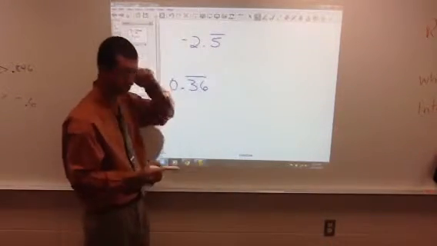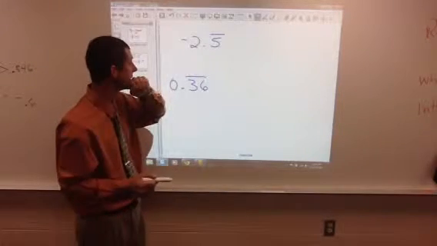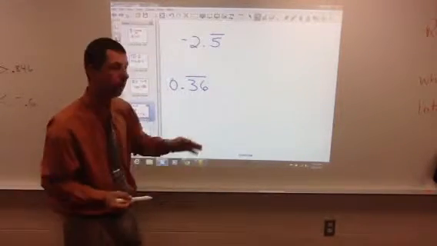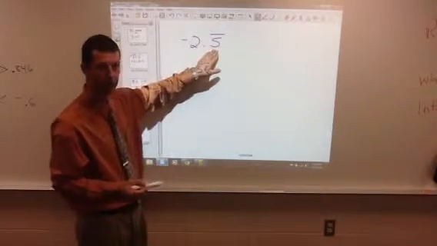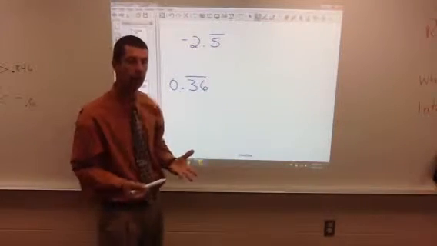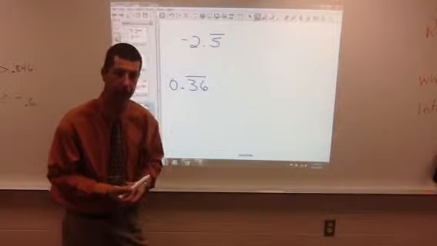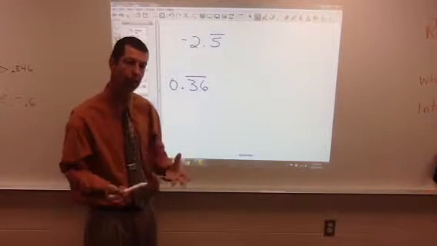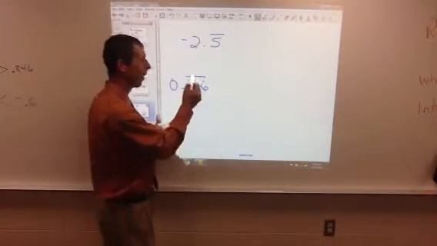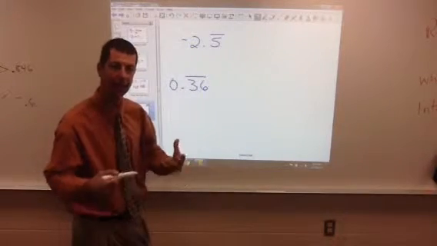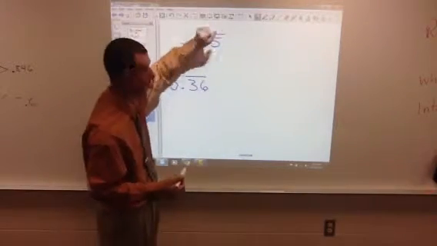Here is a situation that is somewhat confusing, because this 5 repeats. There's a formula for writing this number as a fraction, but students aren't going to remember the formula. The way I teach this is I tell them, imagine writing it without this repetition bar.